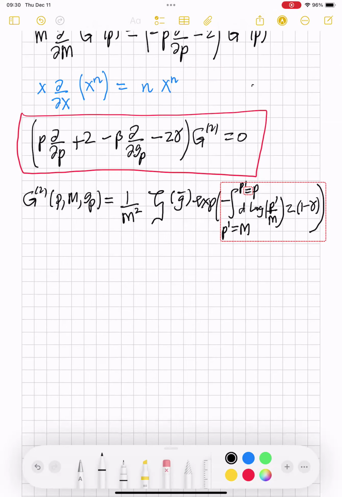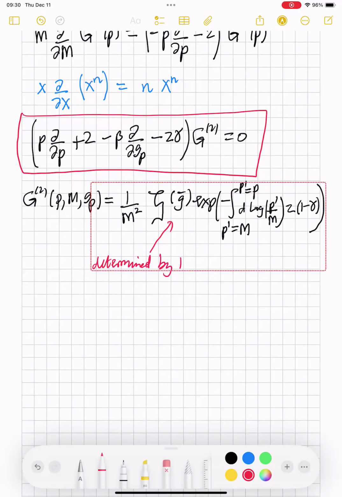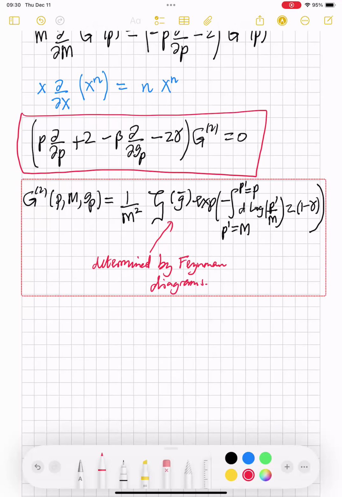Okay, so this is an equation worth thinking about a little bit. There are a few interesting things about it. What is this curly G of g bar? Well, this function would be determined by summing Feynman diagrams. So that's where your actual perturbative expansion for your two-point function sits. And the Callan-Symanzik equation doesn't determine that at all.